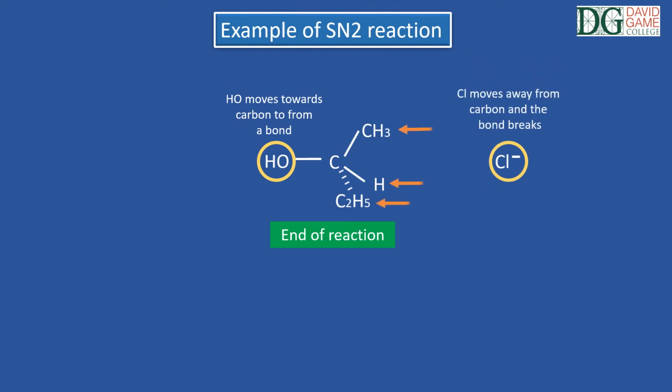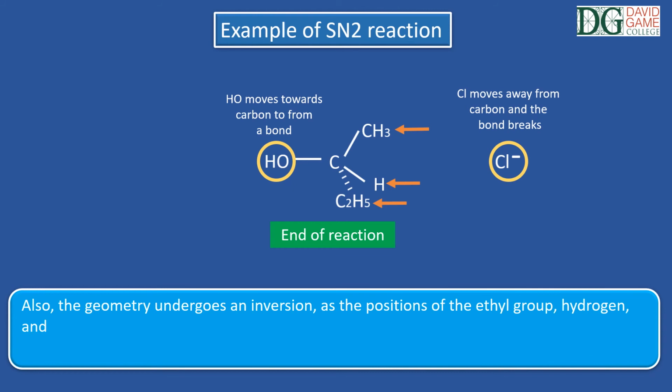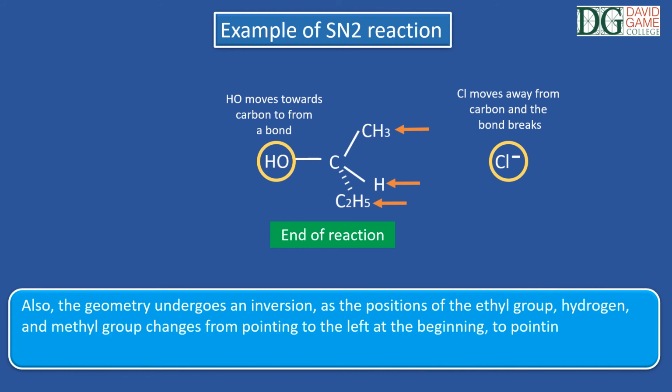Also, the geometry undergoes an inversion, as the position of the ethyl group, hydrogen and methyl group changes, from pointing left at the beginning to pointing right in the end. A good analogy would be an umbrella turning inside out.